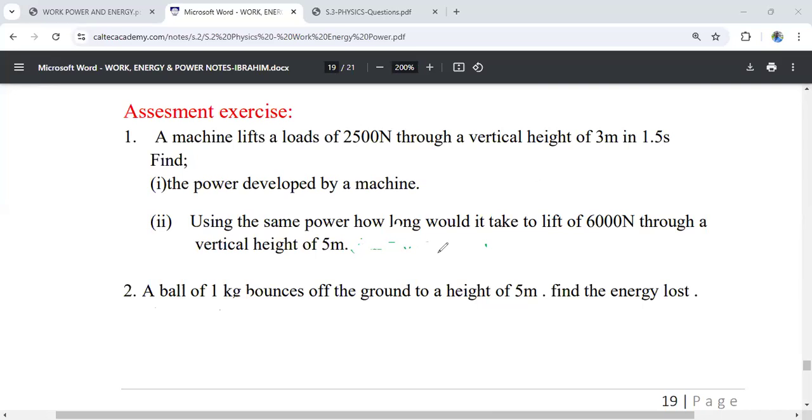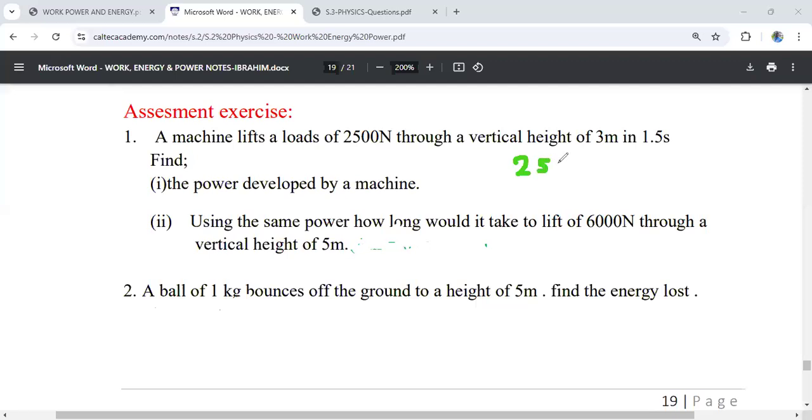So we are having 5, some people have 5,000, others have 500. So I don't know which one is correct. We are going to try it together and see. Now they have given us our force as 2,500.